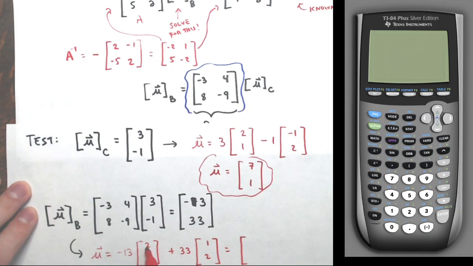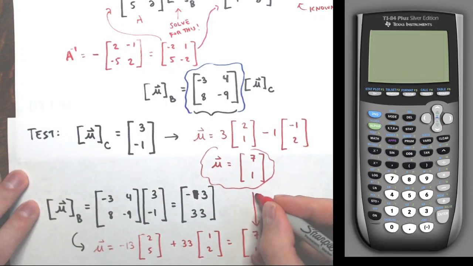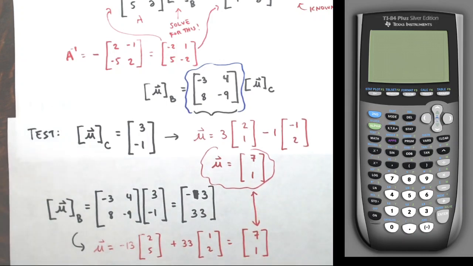That's negative 26 plus 33, which is 7. Fantastic, it should be 7. And negative 65 plus 66 is 1. It's exactly the same as I expected. So this matrix is indeed the transition matrix, the change of coordinates matrix, from C to B.